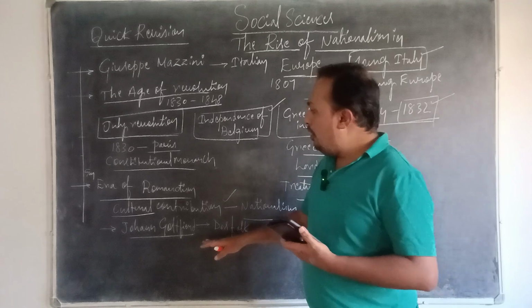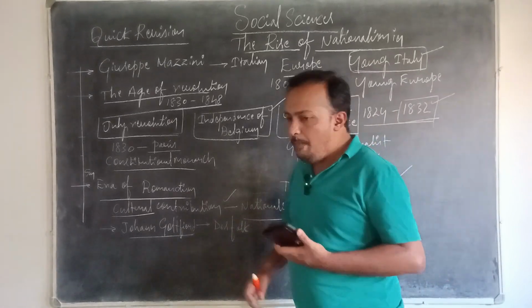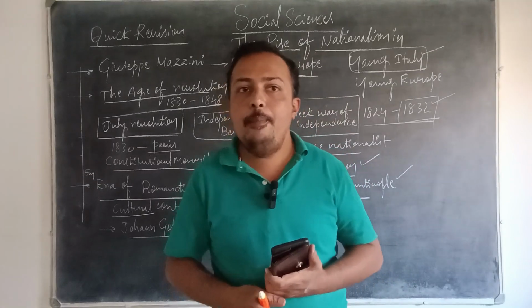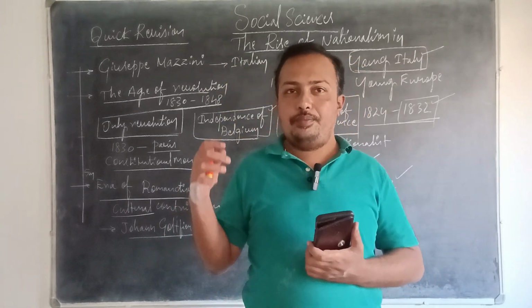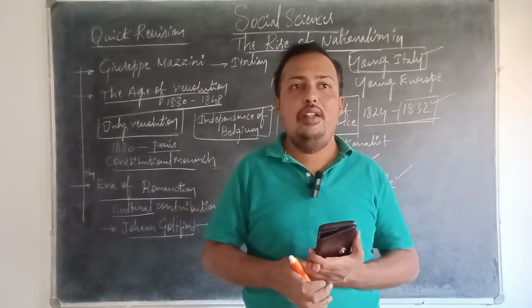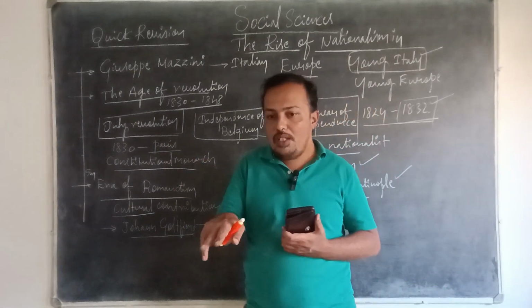German philosopher Johann Gottfried Herder gave a message. What was the message? To find the true culture, we need to look into the folk culture of the land. In order to trace the true culture of the land, we need to focus more on the folk culture. Then we come to know the true culture of the land.